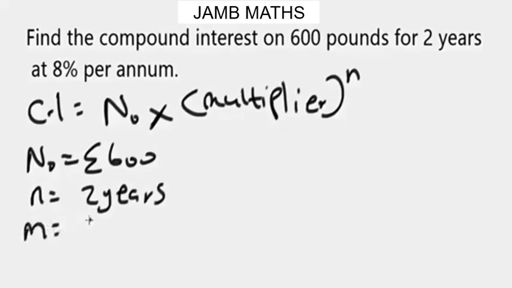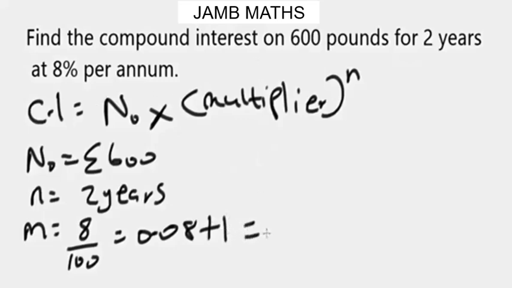Now our percentage change multiplier, let me represent it with m. We have 8%, that's 8 over 100, which will give us, when you punch it, 0.08. So you add it to 1, because we want an increase; we are looking for the compound interest on £600 for 2 years. So 0.08 plus 1 gives us 1.08.